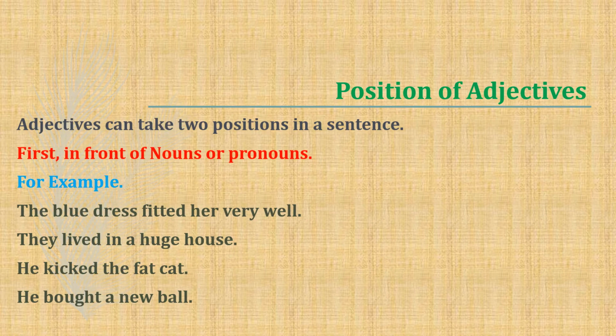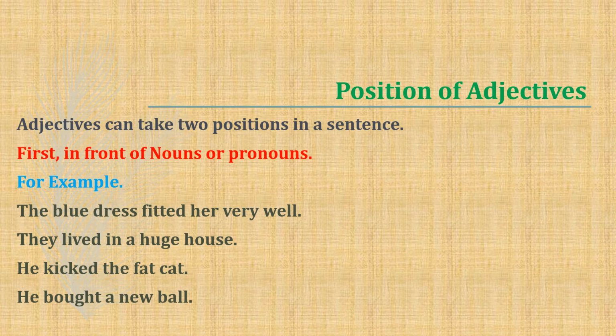Position of adjectives. In this particular step, we would like to know which position these adjectives take when they are used in a sentence. And I would like to begin by saying that adjectives can take 2 positions in a sentence.